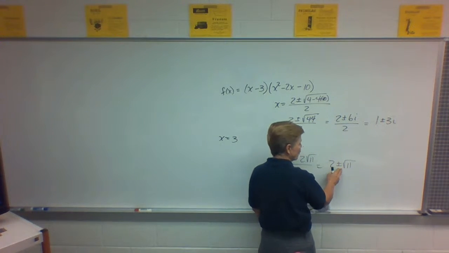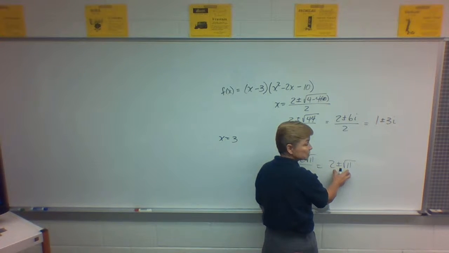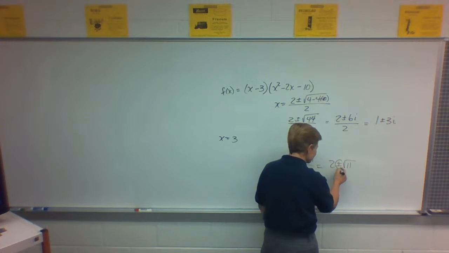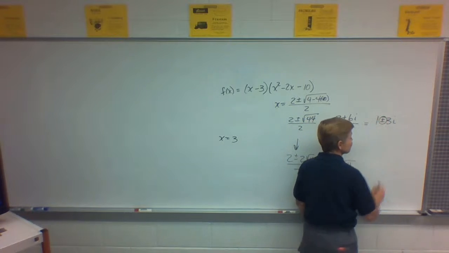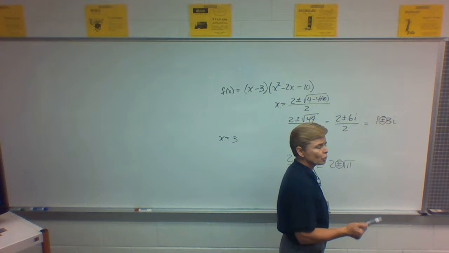These guys also always come in pairs, these types. Why? Because of that plus or minus in the quadratic formula. There's always 2 of them.